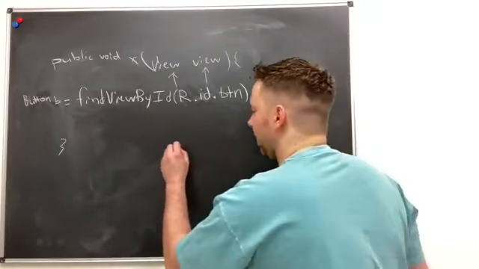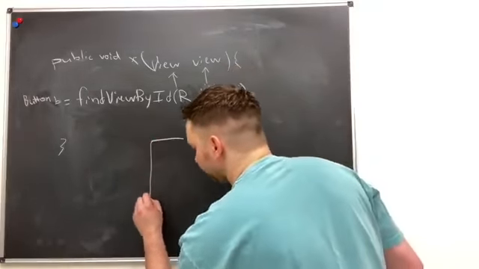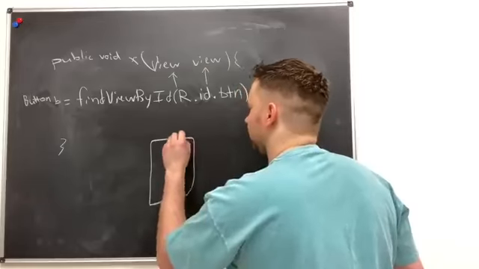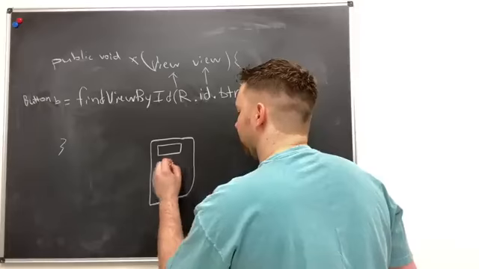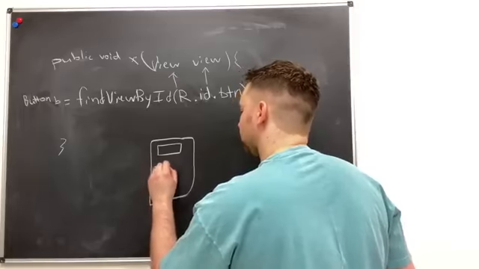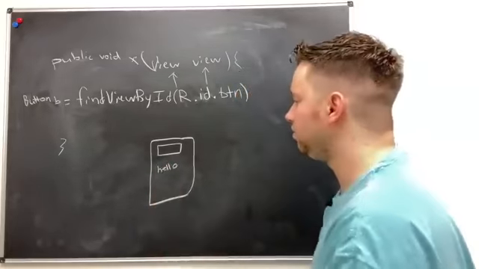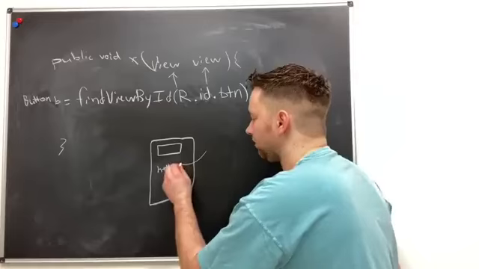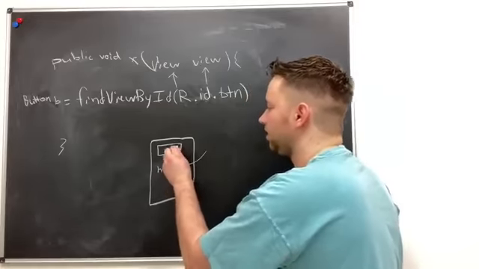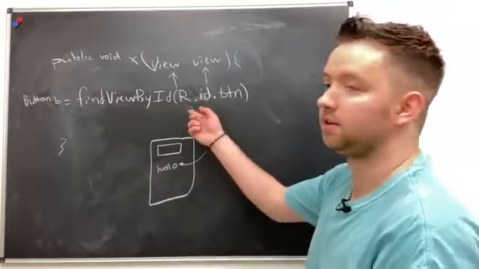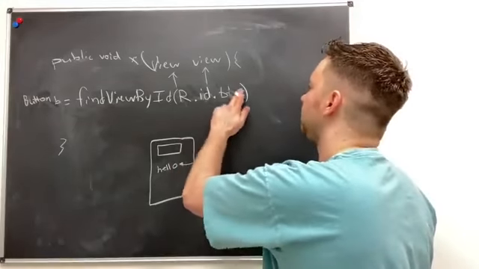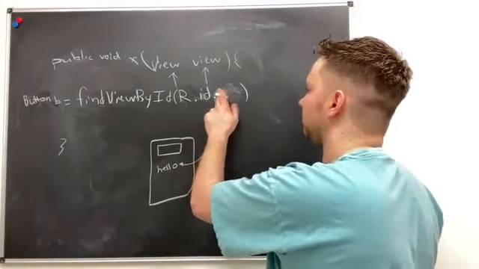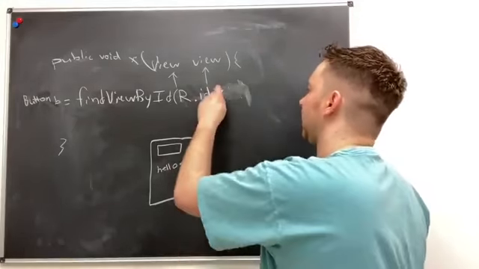So let's go over another example of how this could be useful. Let's say we have our activity, and on here we have a button and we have some text. We can actually change the value of this text when we click this button using this R class. So instead of getting a reference to this button here, we could get a reference to this text by whatever ID we had assigned.